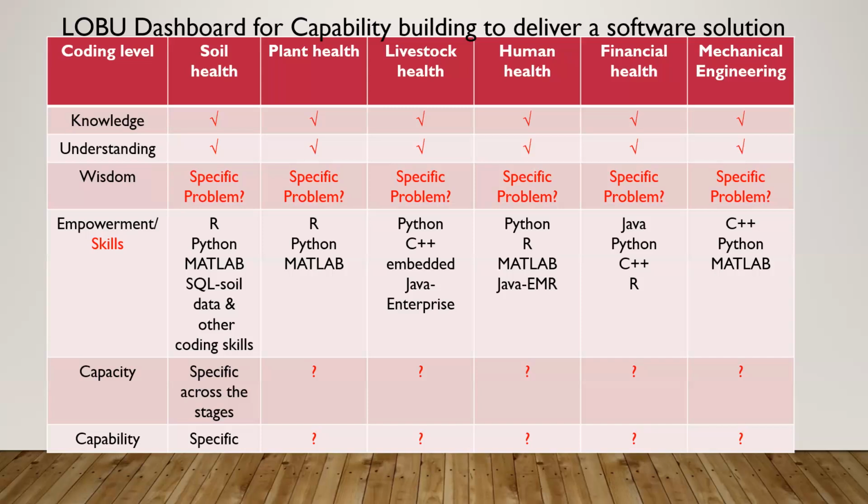The same applies to understanding, which builds on knowledge to be able to capture the different dimensions and concepts from data capture to data processing, and then to providing a solution. The 3 stages. So you need to understand them depending on whether your field of interest is soil health, plant health, livestock health, human health, financial health, or mechanical engineering.